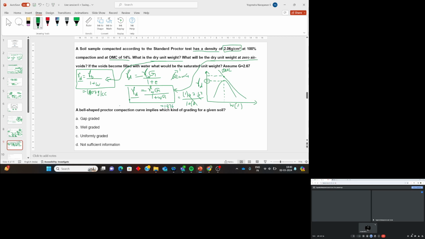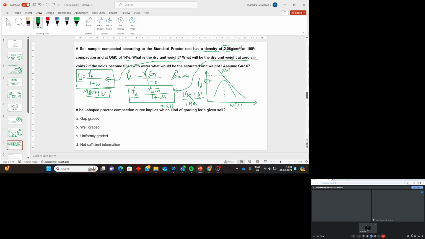Now the last part is a little tricky. If the voids become filled with water, what would be its saturated unit weight? This is the maximum dry density that you are achieving, 1.807. At that density, is the soil saturated or not?